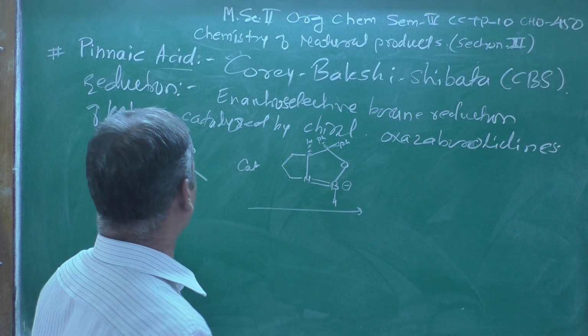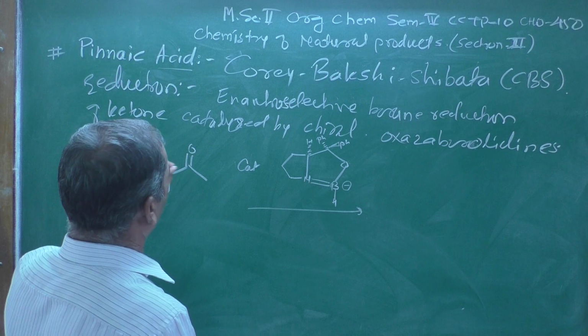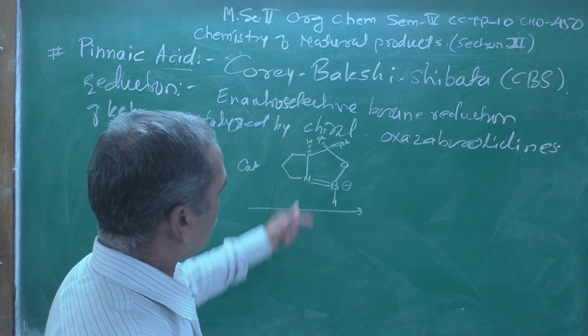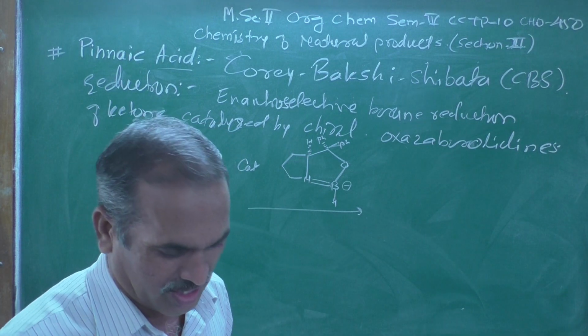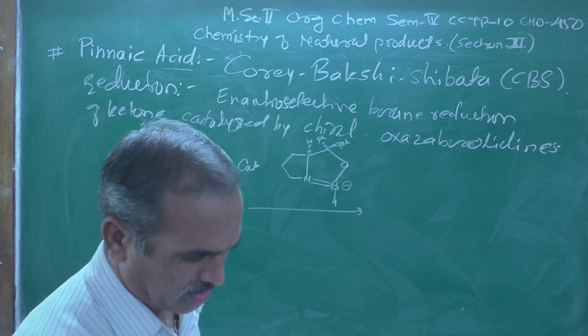There is no chirality, but it is prochiral. And due to that, with the reducing reagent, what do you get?